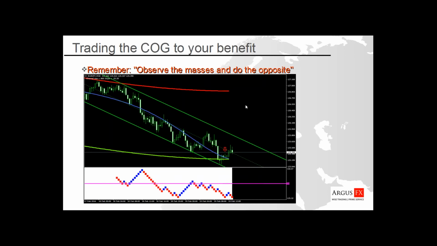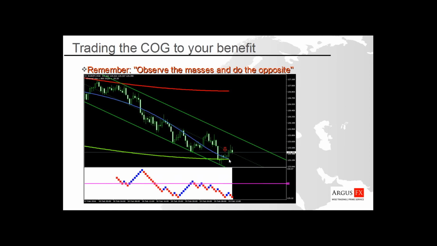So in the scenario where the COG blue line is close to the green line, it means that highly likely the price will break below this green line. In other words, it will break below this support level. So actually we are using the COG in a different way.